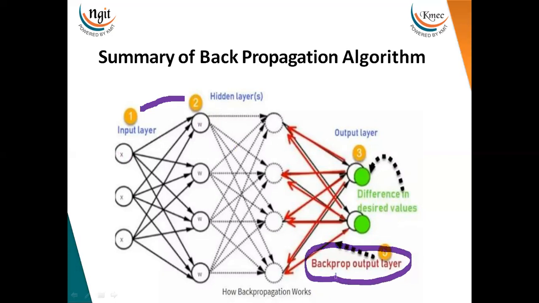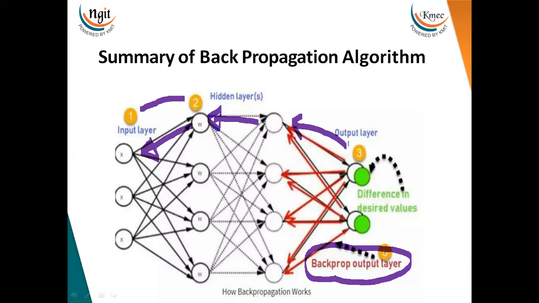Now remember, while back propagating, you have to start from the output layer, then go from the last hidden layer to its previous hidden layer, and like this you will come back to the input layer. So backpropagation is based on the error.